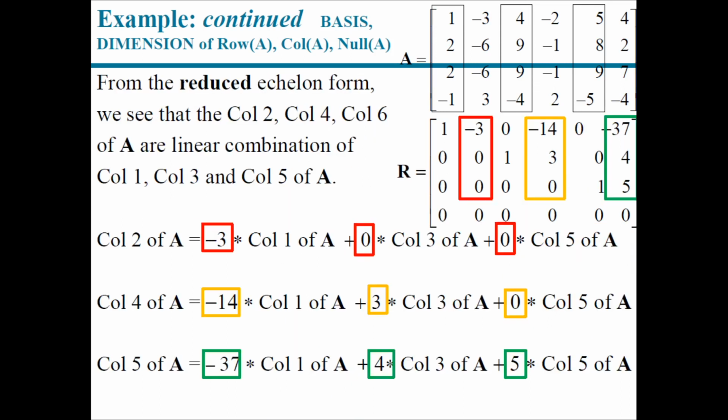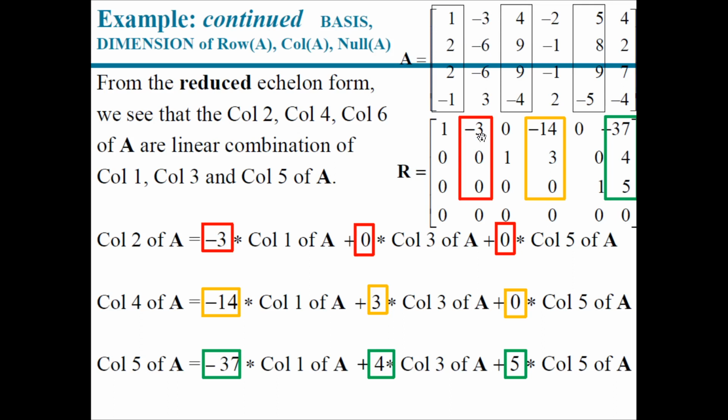So now, knowing which columns are dependent, which columns are independent, we can find coefficients for linear combination. So columns 1, 3, and 5 are independent, which means that columns 2, 4, 6 are dependent. So they are linear combination of the independent ones. So column 2 is linear combination of columns 1, 3, and 5.